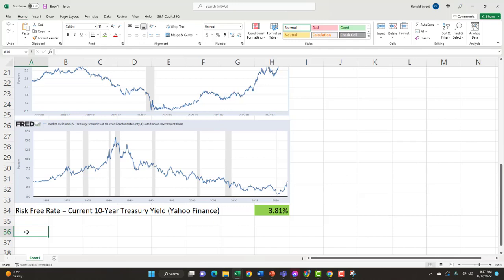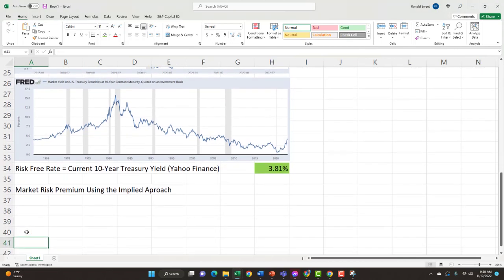The next thing I want to do is the market risk premium using the implied approach. If you want to explain the implied approach in your paper, that wouldn't be bad. It would look good on LinkedIn.